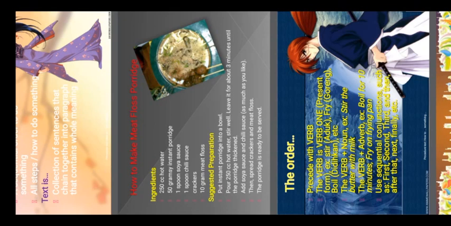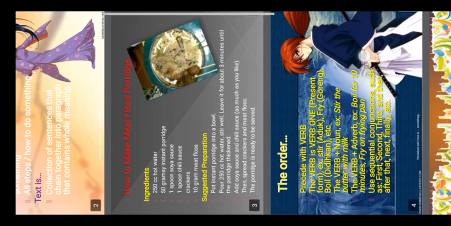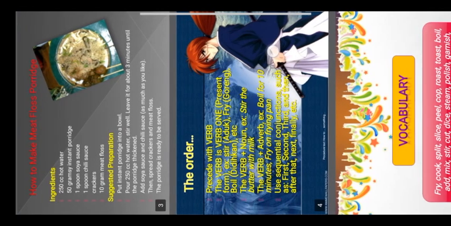So in creating a procedure text, you have some notes that you have to follow. The first is, in developing a sentence, you have to start with a verb, just like in instructions.